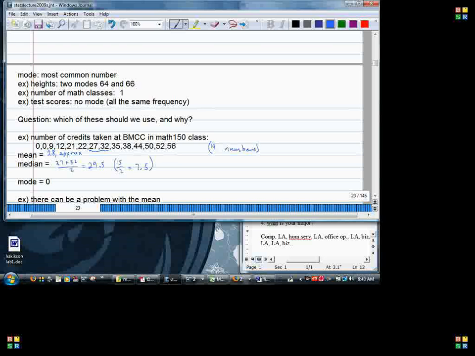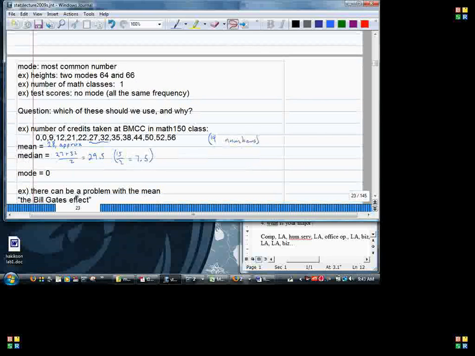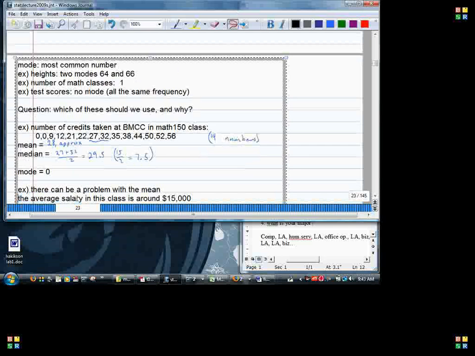So I'd say that would be fairly representative of what the students in this class are making. So what would be an average salary? Some people making 0, some people making 5 to 10, some people making 20 to 30. So I'm going to say that the average salary in this class is around $15,000. The average.